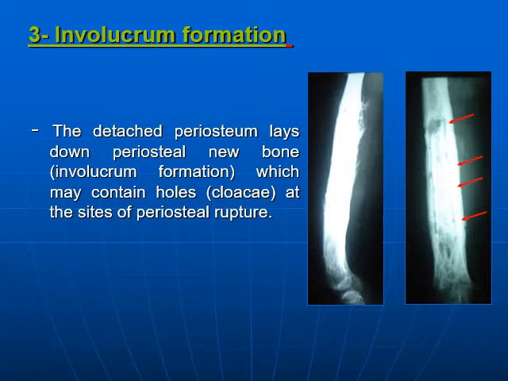This hole is called a cloaca. And the involucrum itself is the new periosteal bone formation. These are the different patterns of acute hematogenous osteomyelitis in different age groups.